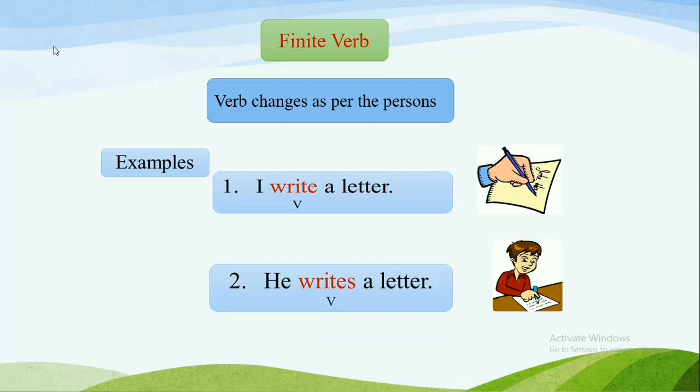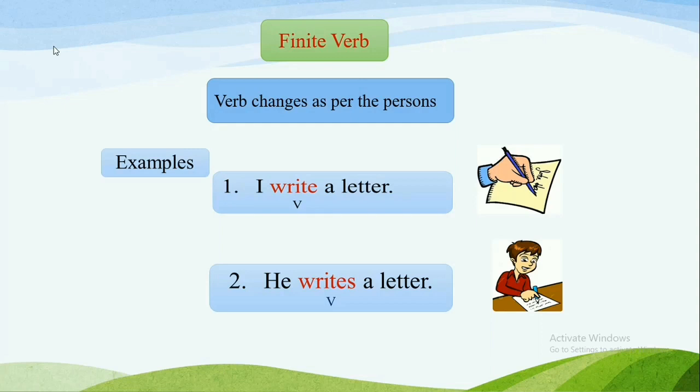Here the subject he is in the third person and the verb is writes. You can see here that the verb write changes into writes as per the person. So both write and writes are finite verbs. I think now you are clear how the finite verb changes as per the person.